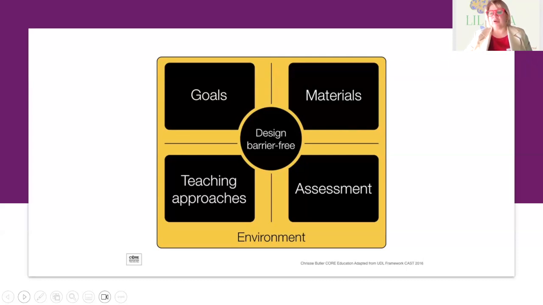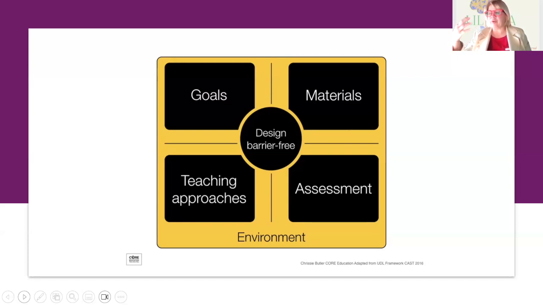To design a barrier-free environment with flexible curriculum, we have to create goals that are free of barriers, and material. Okay, I have the goal, for example, teaching present simple, all the standards that you have at school. Okay, so this is the goal. What kind of material are we going to use for that? And the material has to be flexible and according also to the needs.